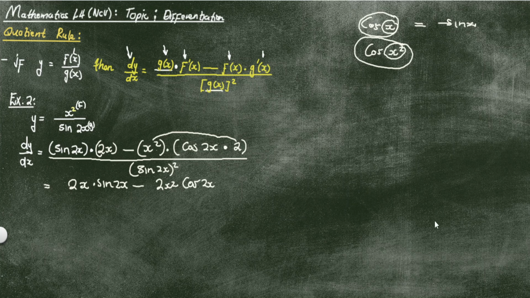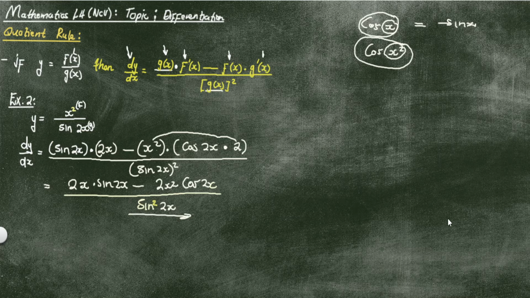Don't be confused. You cannot multiply here, because the 2x in this case is the angle of the sine, but this 2x is outside the angle of the sine. So you cannot multiply these two. You only multiply with the coefficient of the sine. Then we continue: this 2x, and here it's going to be sine squared 2x. This is the answer here.